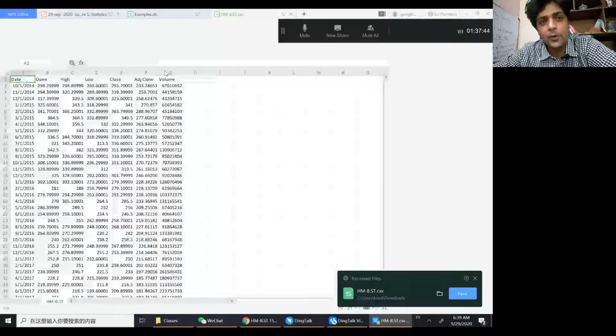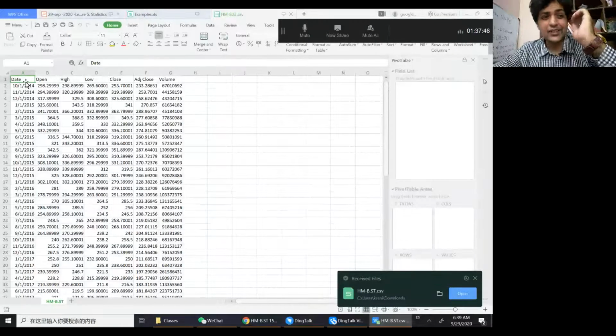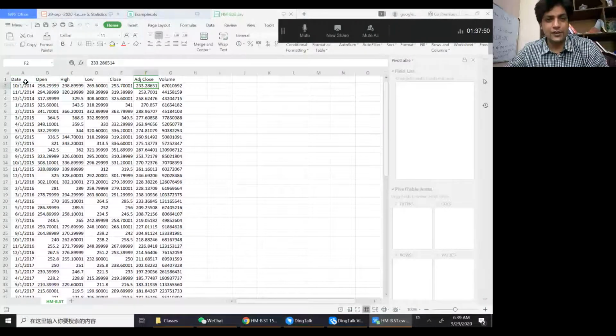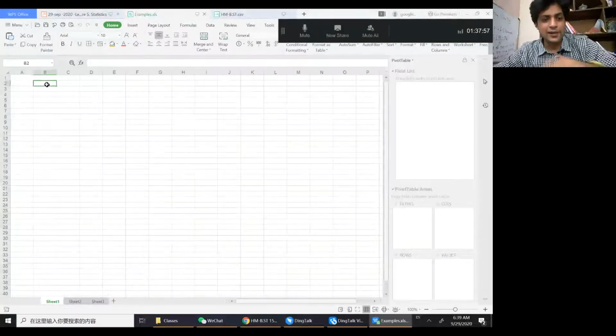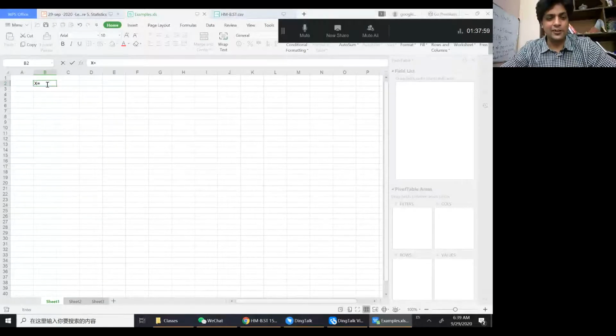I don't need anything else. I just need the prices, which is this one. So let's say this is our X, which is the H&M stock closing price, adjusted price.